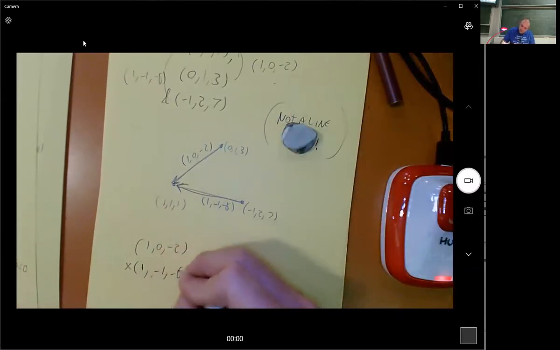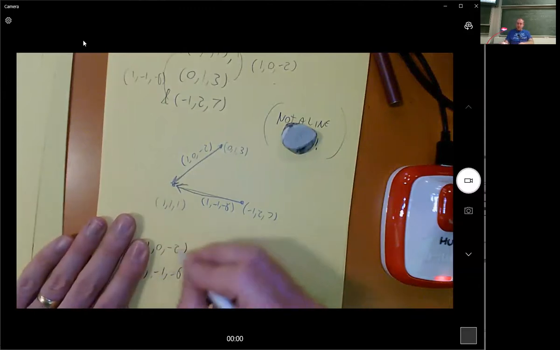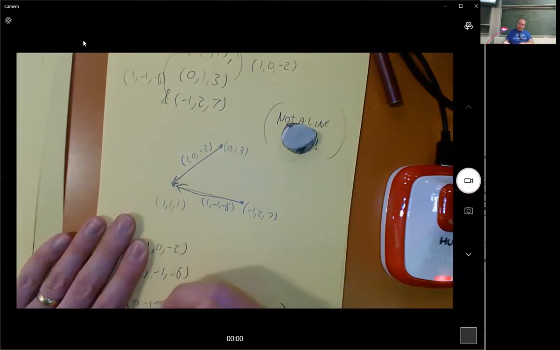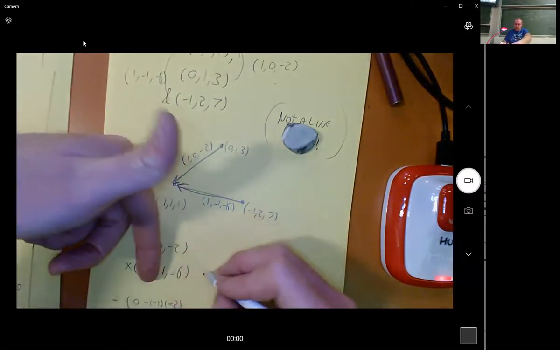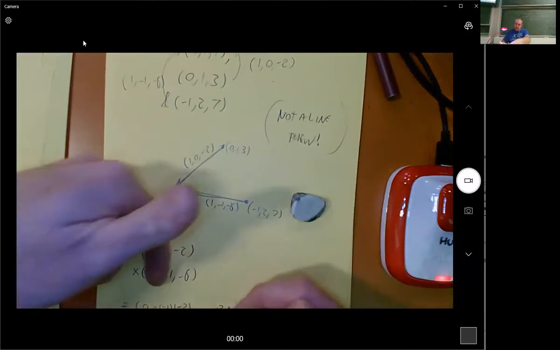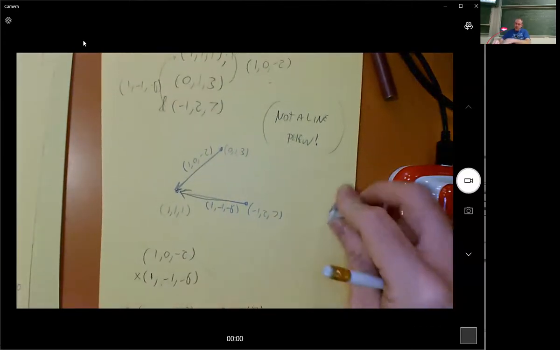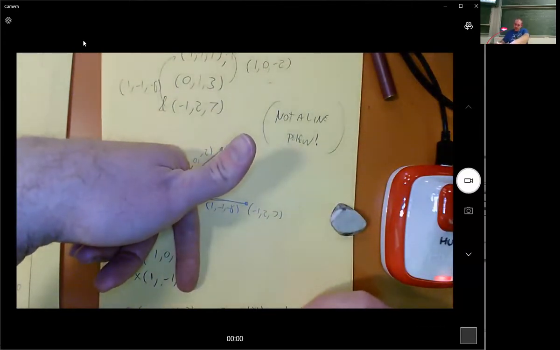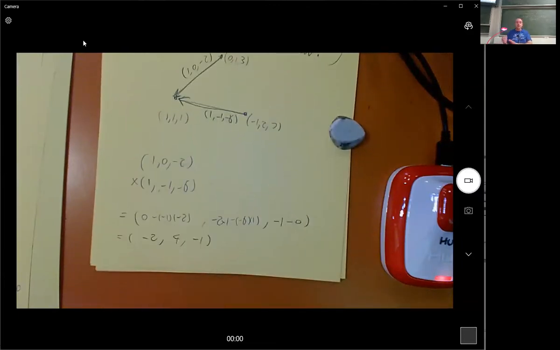And that's going to be 0 minus 1 times minus 2, and then it's going to be minus 2 times 1 minus 6 times 1, and then the last one is minus 1 minus 0. Okay, so I've got minus 2. 2 plus 6 is 4. And that's minus 1. So that's my cross product.